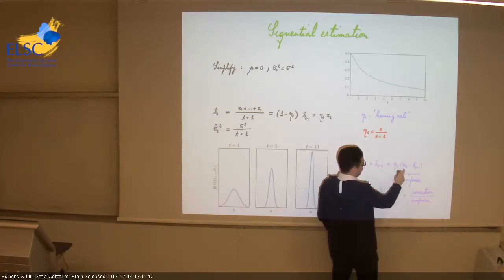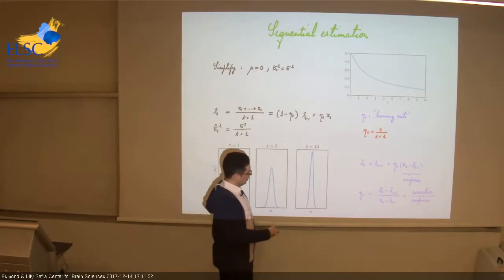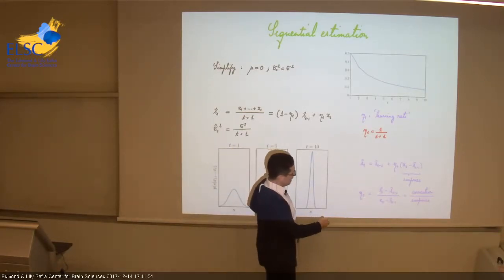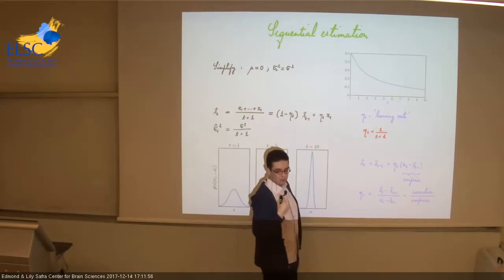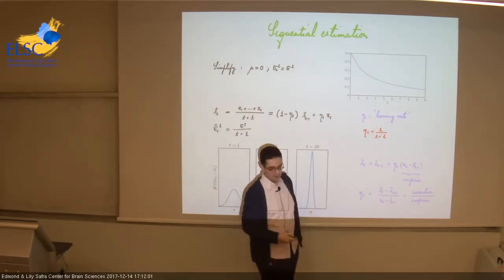And whatever number you multiply this surprise by is the learning rate. So in other words, you can think of the learning rate as the ratio of the correction that you make in your estimate at time t to the surprise that you had at time t.